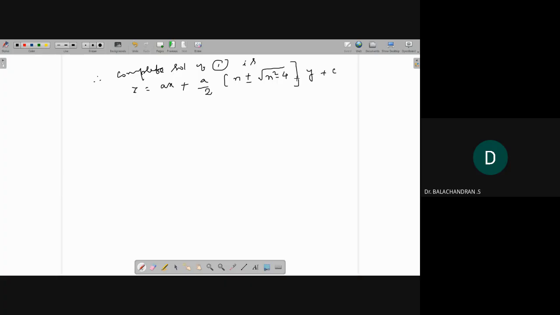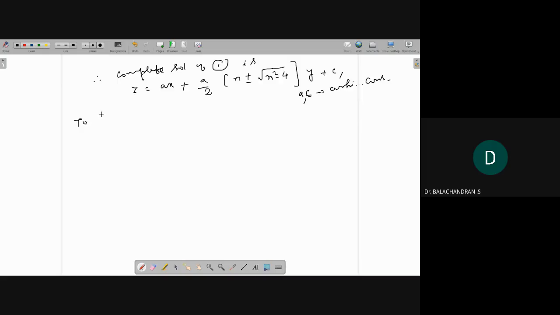Please check it. Here a and c are arbitrary constants.